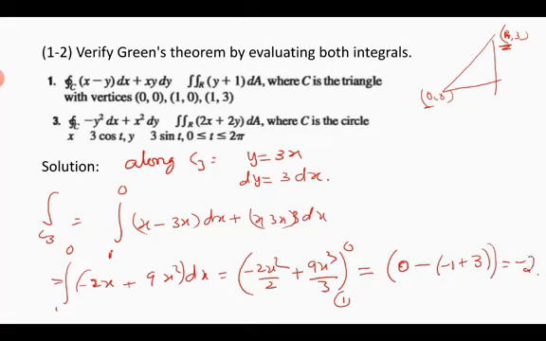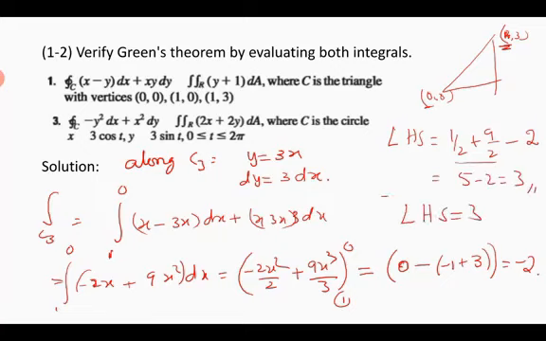So for the 3 integrals on the left hand side, first answer is half, second answer is 9 over 2, third is negative 2. So the first two terms will give 10 over 2, 5, minus 2, this is 3. So the left hand side answer is 3.